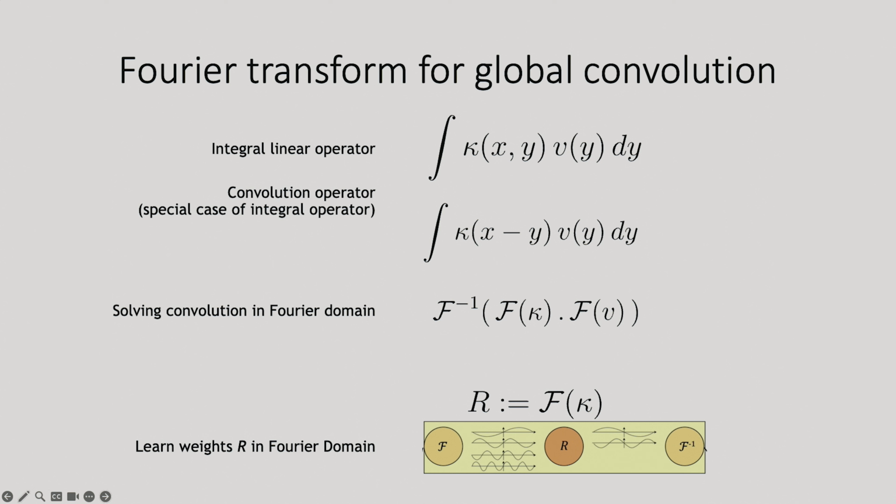And you may know that you can realize this efficiently with the Fourier transform. You take the Fourier transform of your kernel, the Fourier transform of your input function, and then the convolution simply becomes a pointwise multiplication in the spectral domain. And the advantage of this is that if you have a regular input, you can do this very efficiently with the fast Fourier transform.